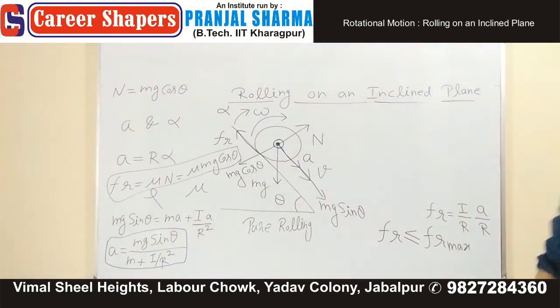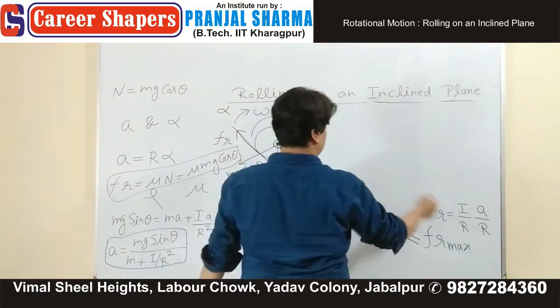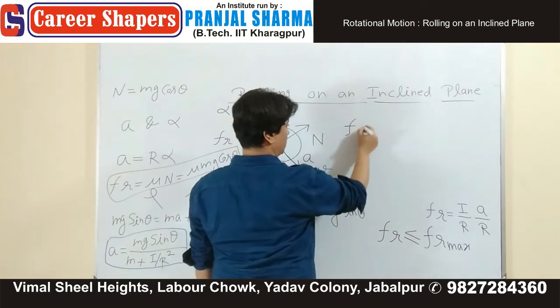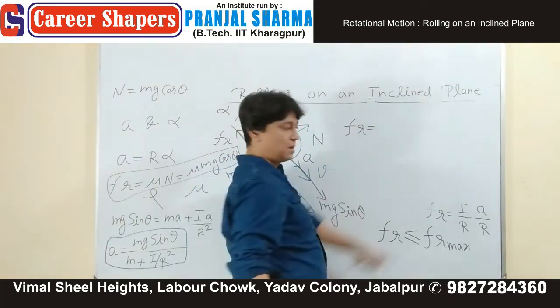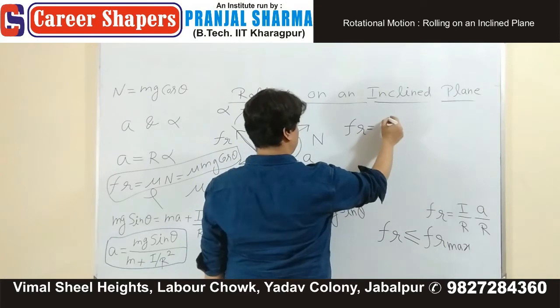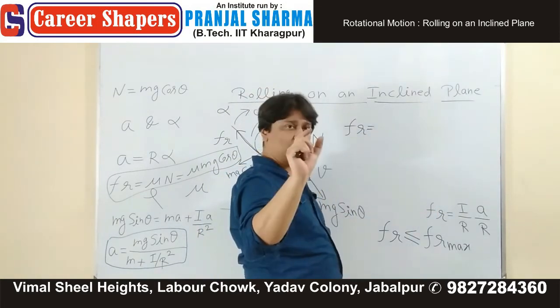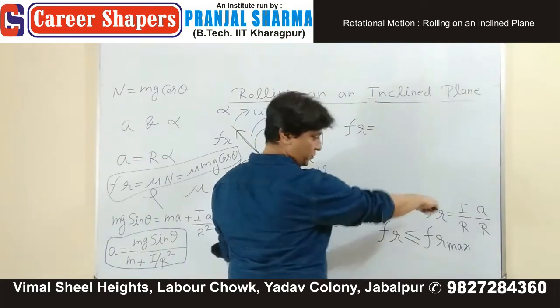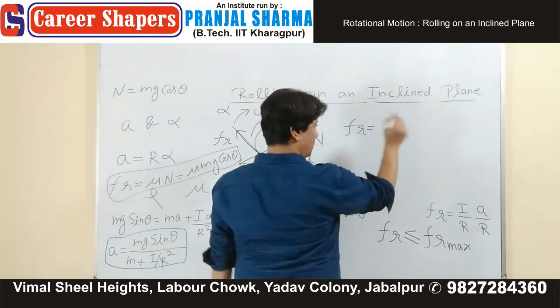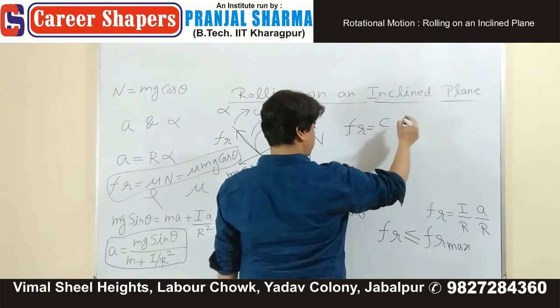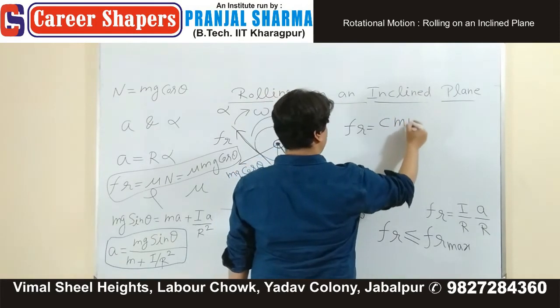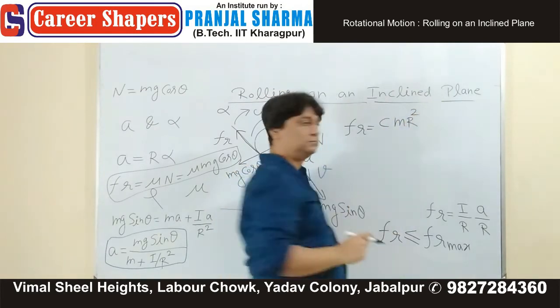Friction acting on the body is Fr. I'll use a trick for the value of I. We'll write I as C into mR square.